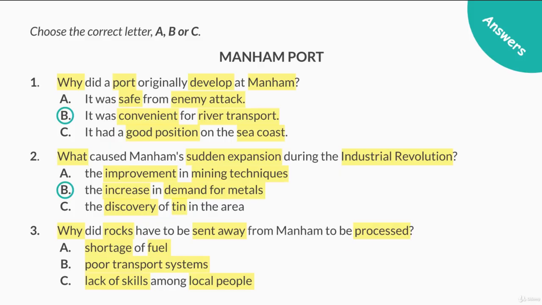But as demand grew, the smelting process required huge factory furnaces or fires to melt the metal from the rock, and there was not enough coal in the local area, so the rocks containing minerals had to be shipped long distances. Sadly, in the 20th century, the great port of Manham declined, and thousands of workers were forced to emigrate out of the area. The building at the port fell into disrepair, and the place became almost forgotten.